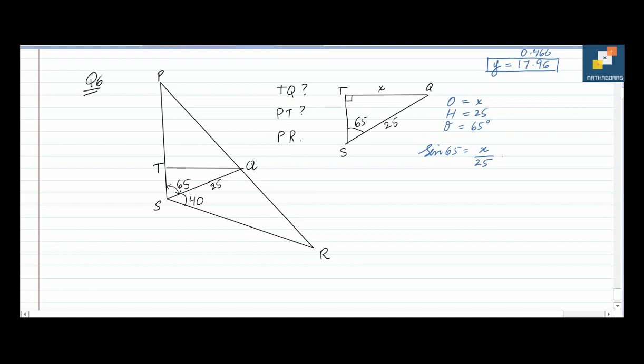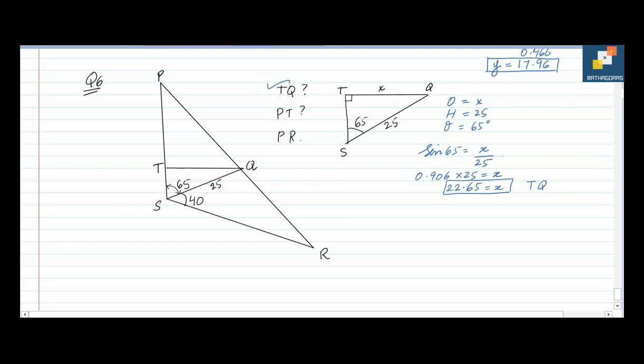Now the value of sine 65 is 0.906. 25 shifts to the left side, it will be multiplied, equals to X. So when you multiply it, it's 22.65. That is the value of X, and we take X as the value of TQ. So first part is done.